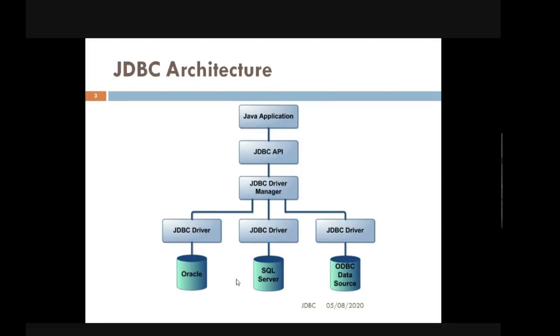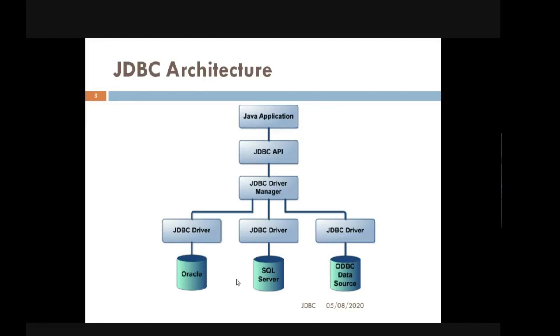The JDBC API will receive the data from the Java application, and after receiving the concerned data or the query, it will look into the appropriate driver. It will look into the statement, and I will show you some examples. It will look into the connection related queries, and then it will decide which database driver it should get connected to.